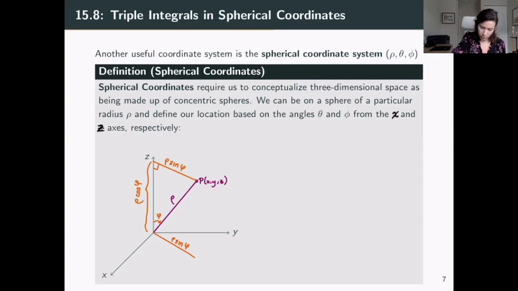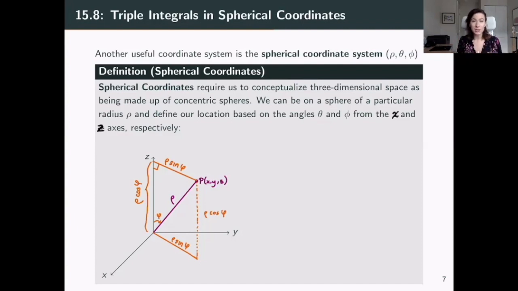And then also just to keep as few lines in here as possible, because there are going to be a lot of lines, we're going to have that this distance as well is going to be rho cos of phi. So this is representing kind of where I am on the sphere relative to the z-axis.